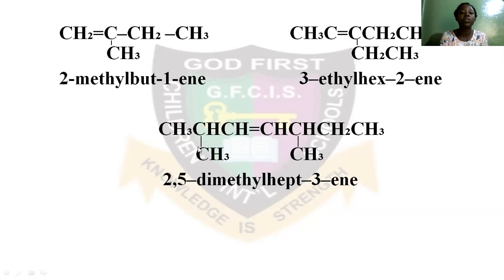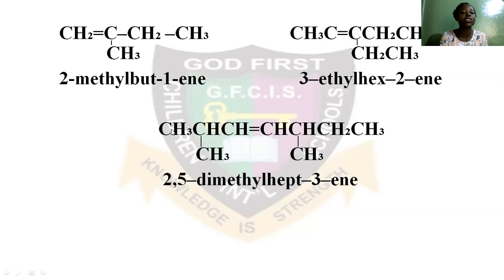Then for this compound, you have the parent chain to be 1, 2, 3, 4, 5, 6, 7. So that's 7 atoms, hept, 3-ene. It is 3 because if you counted from the left, you have 1, 2, 3, on carbon 3, but from the right it will be 1, 2, 3, 4. 4 is too far away compared to 3. So you take the smallest number, which is 3.